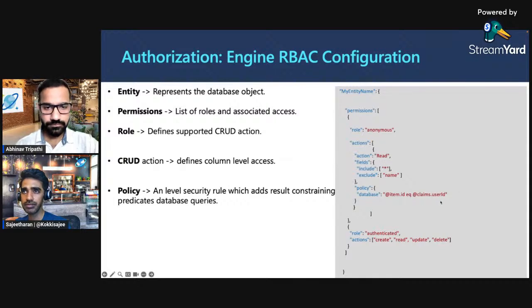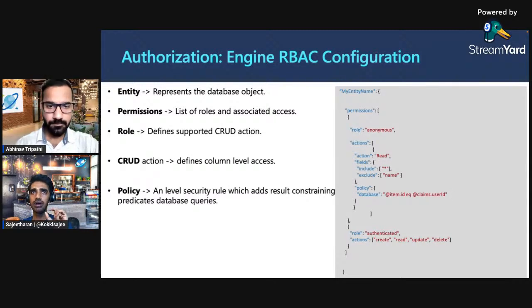The other point is field level authorization. When I mention field level authorization, say if you want to restrict certain data based on the authenticated user, then based on the user ID stored in the database, we get that information from the claims and match that user ID with whatever you have in the database.